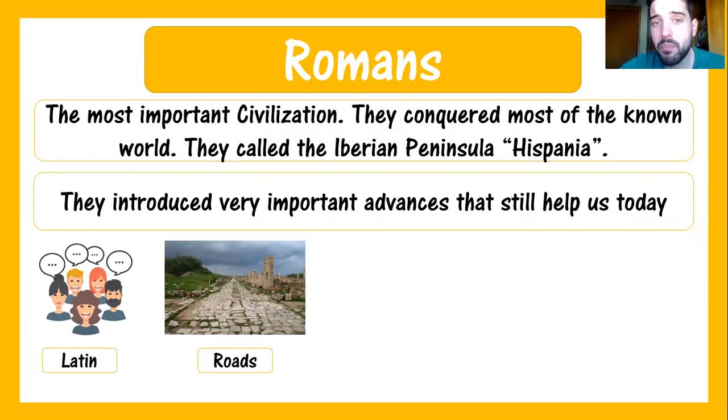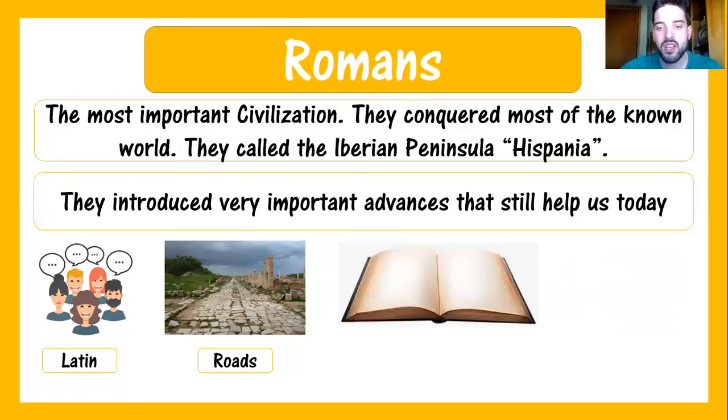They were very important to have such a big empire united. These roads were so good that they still exist today. ¿Vale? Muchas de las carreteras que cruzan hoy España pasan por los mismos sitios por los que pasaban las calzadas romanas. Fijaros si eran inteligentes estos romanos.